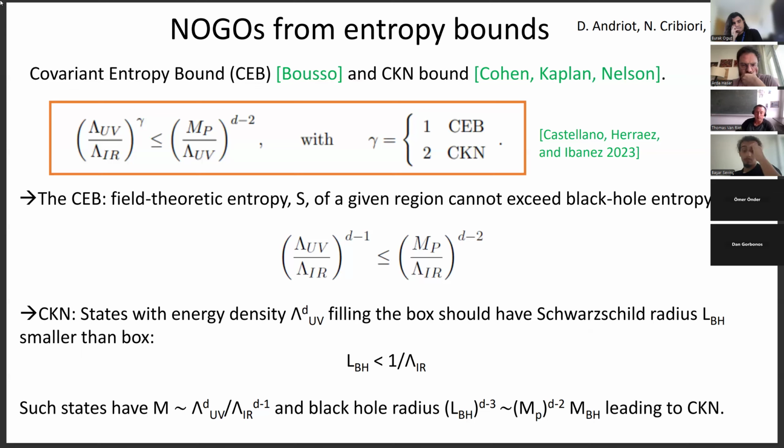And so they contemplate those states and they say, well, so I have a state of energy density, the UV scale, and let me assume it fills the whole box, yeah? And then what they're asking is that such a state has a Schwarzschild radius that can fit inside the box. And they're asking that because, if it cannot fit inside the box, then the theory cannot even describe those black holes. So somehow they think a theory should self-consistently be able to do that.